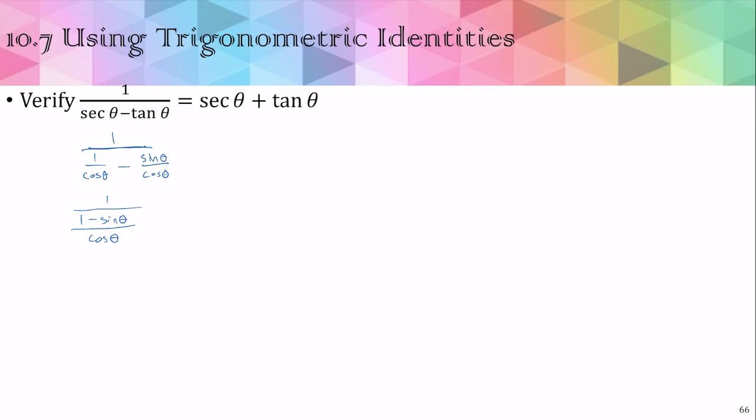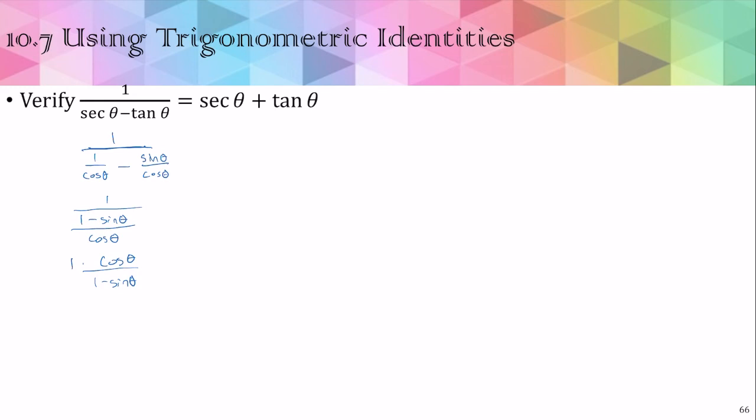Well, divide a fraction by multiplying by the reciprocal. It'll be 1 times cosine over 1 minus sine.